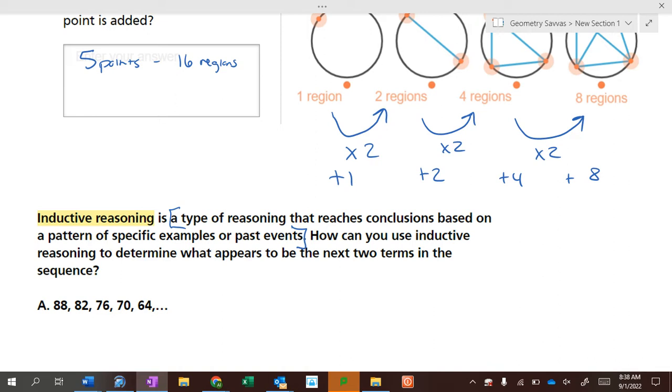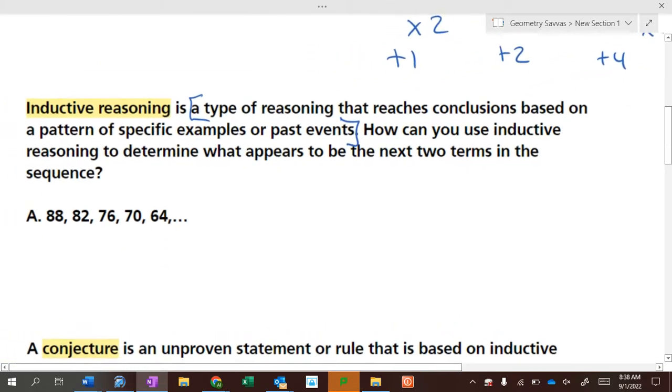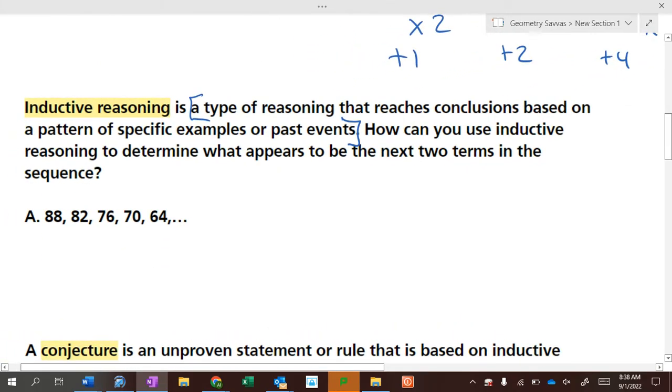Okay, so let's use inductive reasoning to figure out what the next 2 numbers are. 88, 82, 76, 70, 64. So, what would be the next 2 numbers? What do you think, Jenny? Look at that pattern.